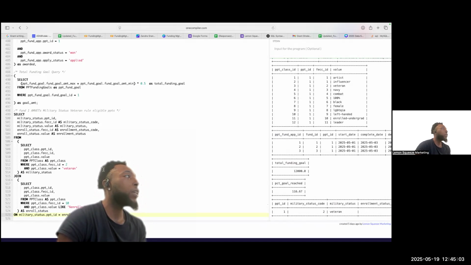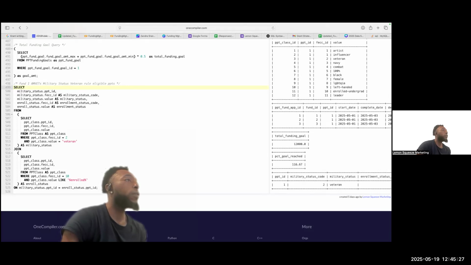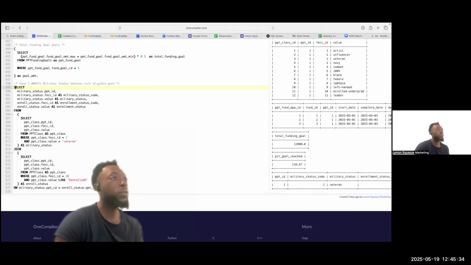So I guess what we could do from here is make this a subquery, and then join this to our fund table. But where is our fund table? I'm trying to think about how we would be able to join this to our fund table. We would need the fund ID to be on a table for us to join to our fund. So let me think through that.